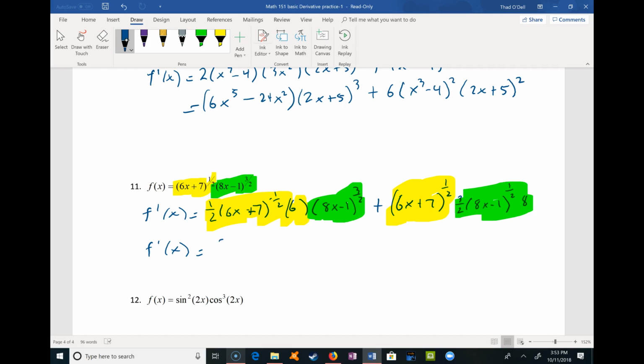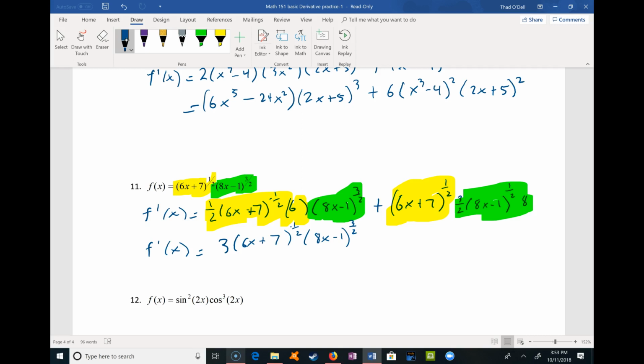So we're going to get a 3 here times 6x plus 7 to the negative 1/2 times 8x minus 1 to the 3/2.